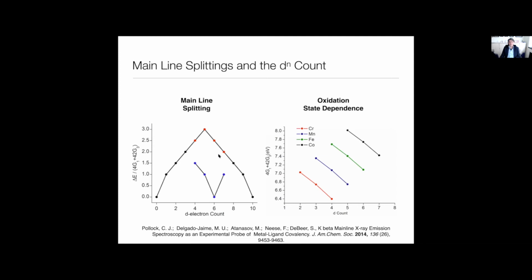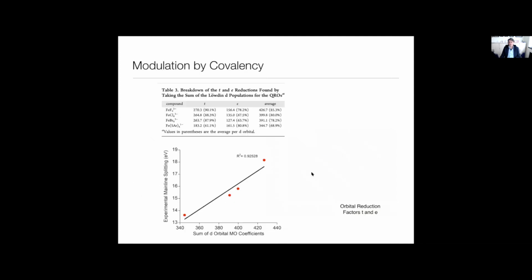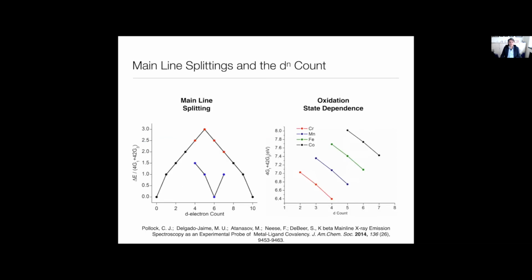And of course, it's also depending on the oxidation states. And in the paper, we've also investigated how that splitting reacts to the oxidation states. But basically, this figure suggests that you can use mainline splitting in order to assign oxidation states.